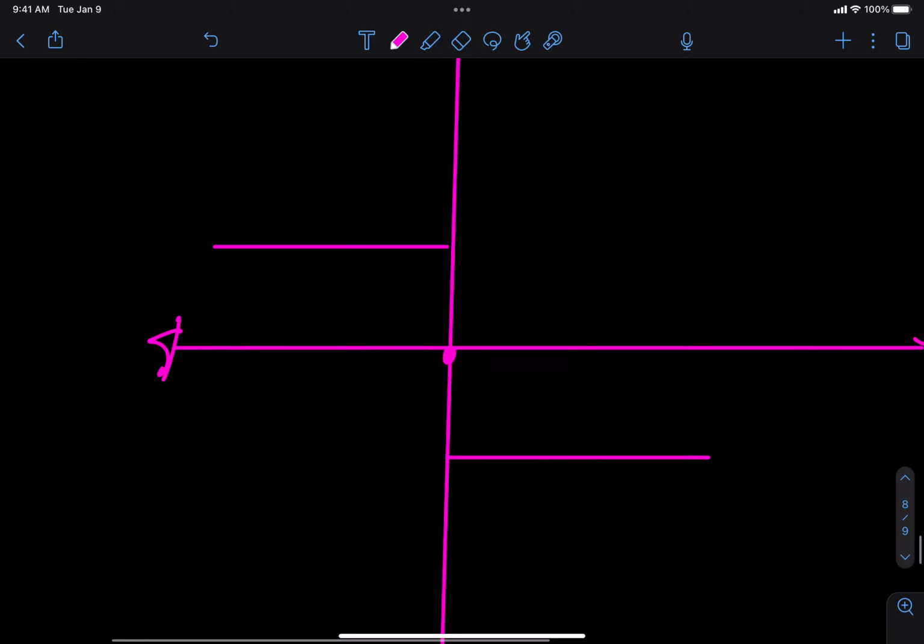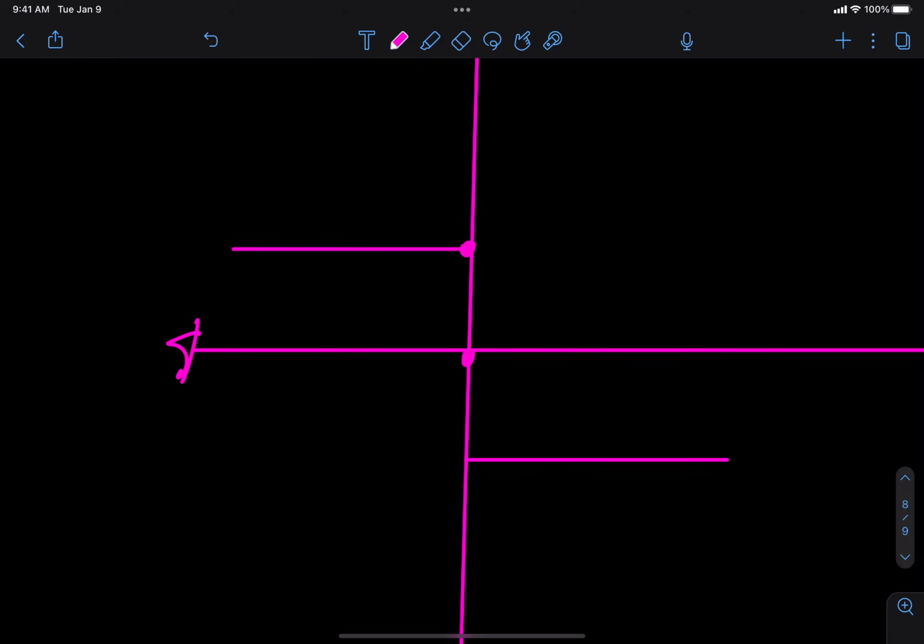Okay, so here we have a function which comes in like so. Actually, I think we have a hole here and a hole here. Okay, so what is this point? This is the point negative 4, comma 4, right? On the other side, we've got the point 4, comma negative 4, yes?